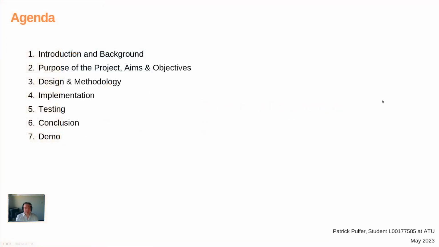As an agenda, I would like to discuss today the project itself, introducing it and providing a little background about why I've chosen this project. Then we'll discuss the purpose, the aims and the objectives of the project. As a next step, we will be looking into the design and methodology used to put together the design requirement document.